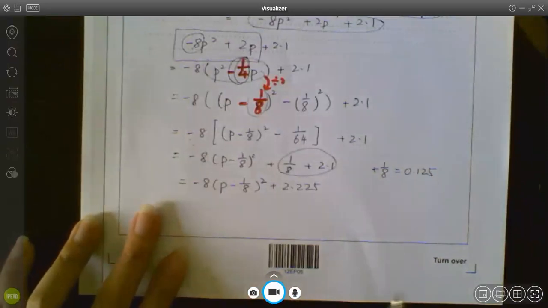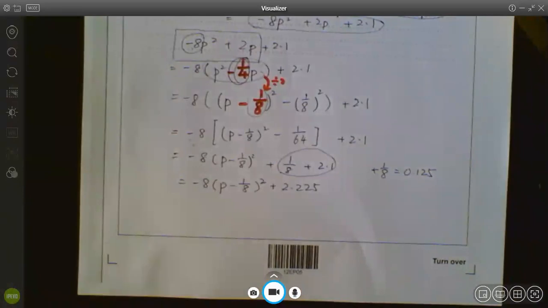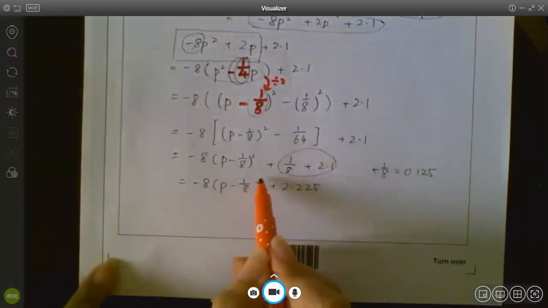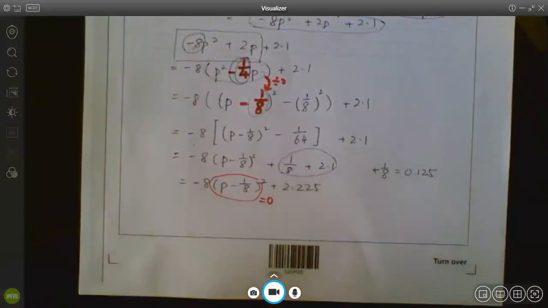So in order for E(X) to be maximum, this part that is a perfect square has to be equal to 0. Let us write that down.